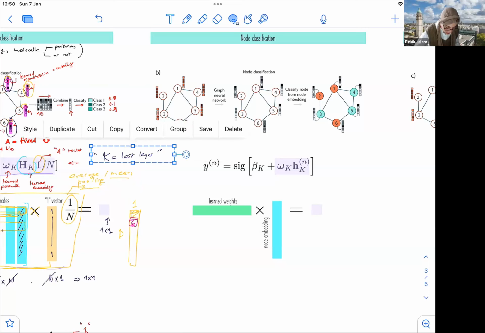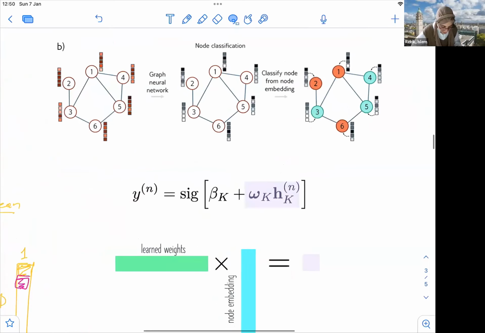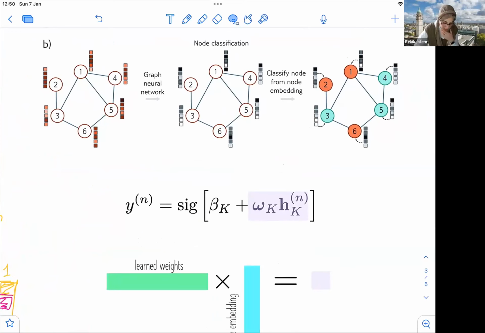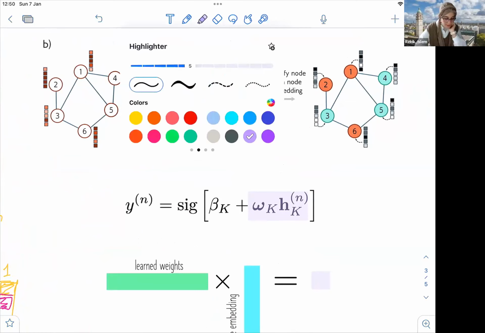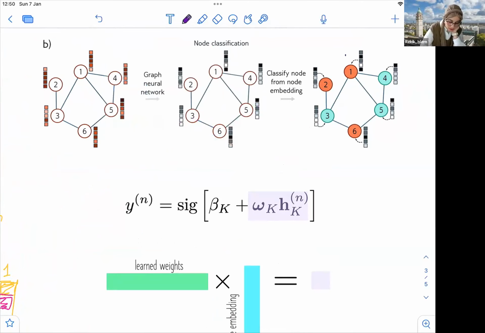In this case, we want to classify a node. We have a set of nodes, and we want to assign a color to each node, for example brown or blue, or orange.